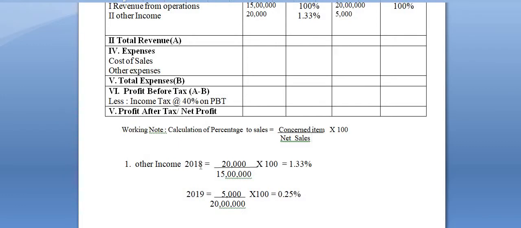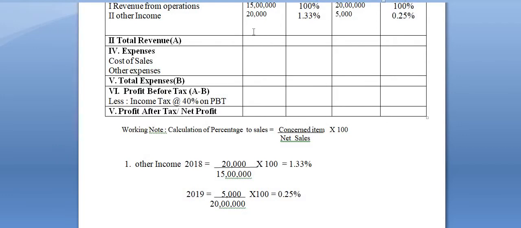For 2018, other income is 20,000 divided by 15 lakh into 100 is equal to 1.33. And in 2019 it is 5,000, so 5,000 divided by 20 lakh into 100 is equal to 0.25 percentage.